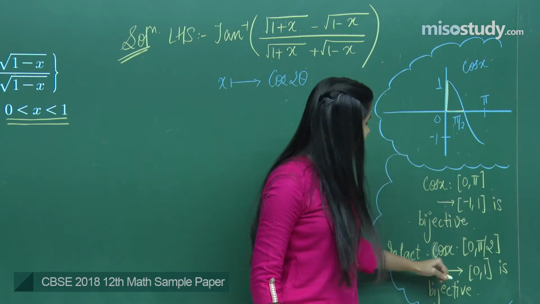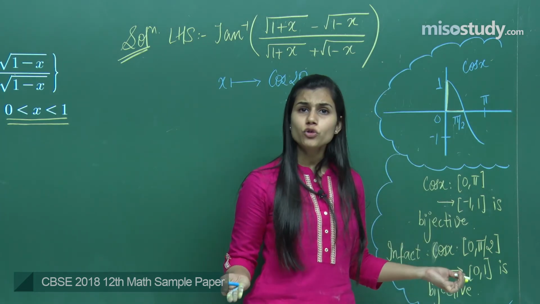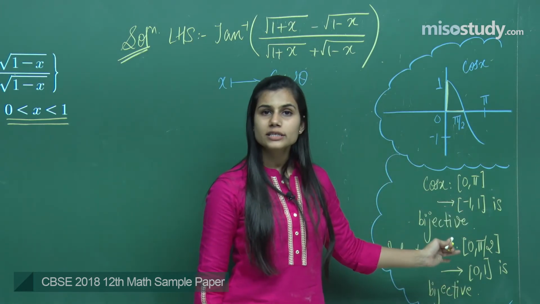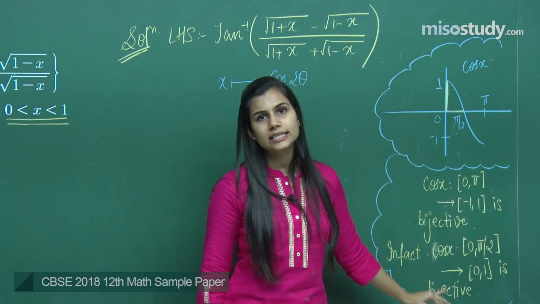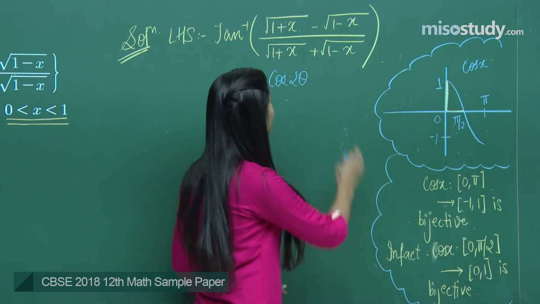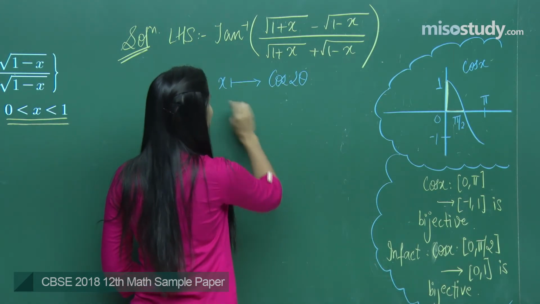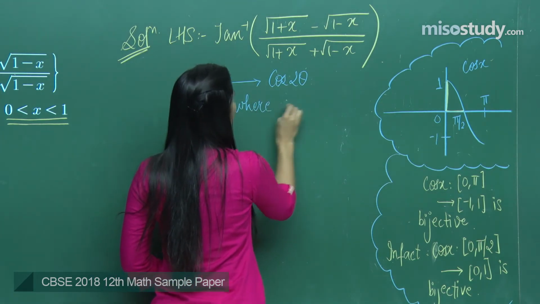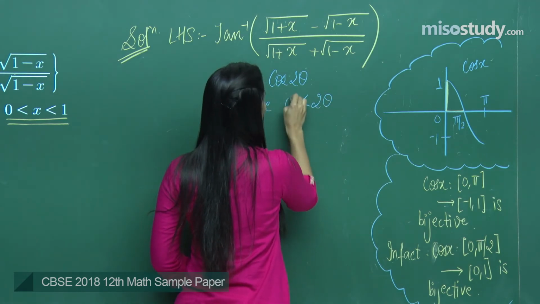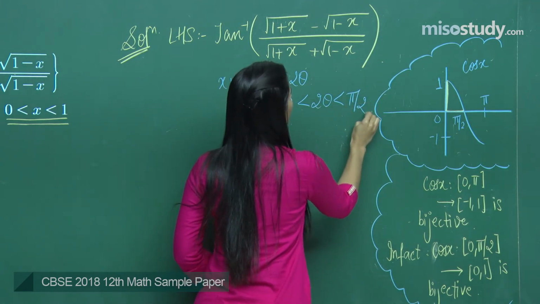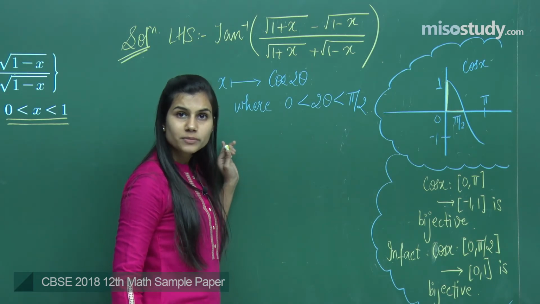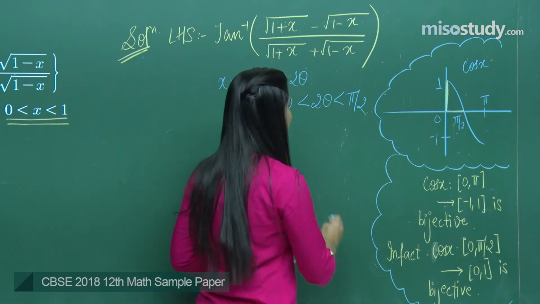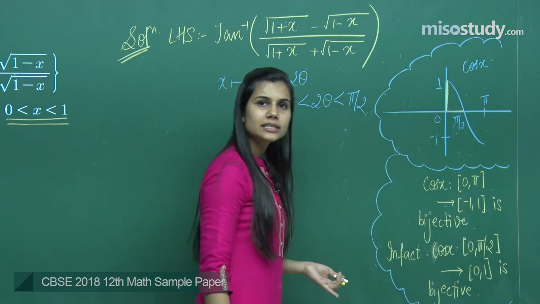That is why the very argument which is true for cos x is also true for cos 2x, and that is how I have, by using the concept of cos x, delivered the exact same concept for cos 2x. Just to get a simplified expression, I am replacing x by cos 2 theta, where this 2 theta angle is coming from 0 to pi by 2, because I want x to come from 0, 1, so this angle should come from 0 to pi by 2 only. That is how bijectivity is concerned.